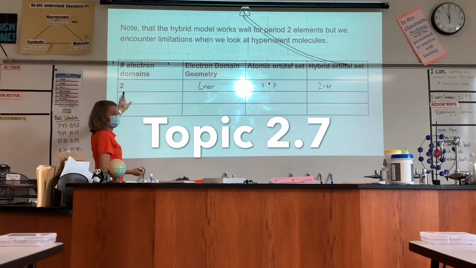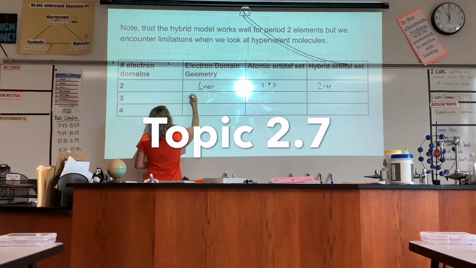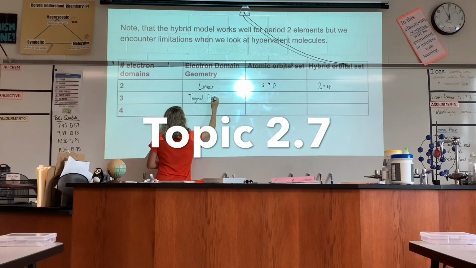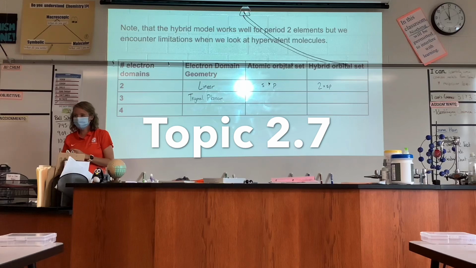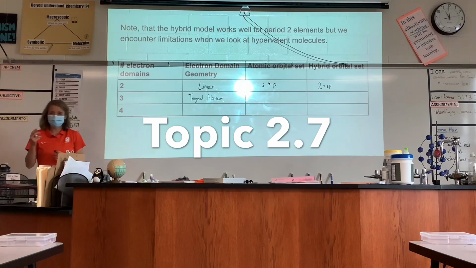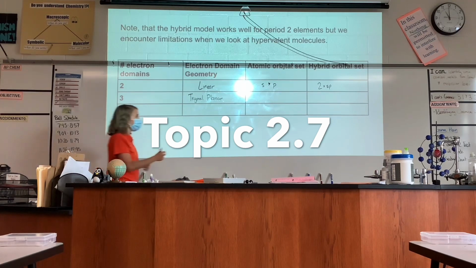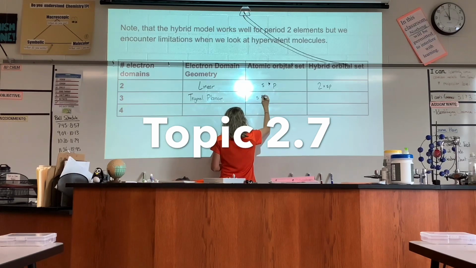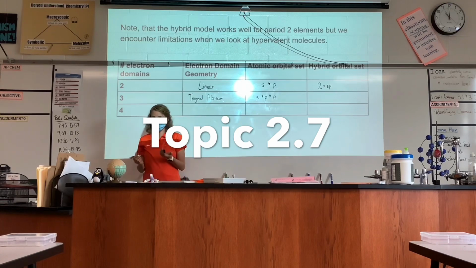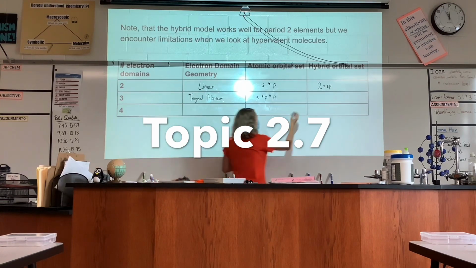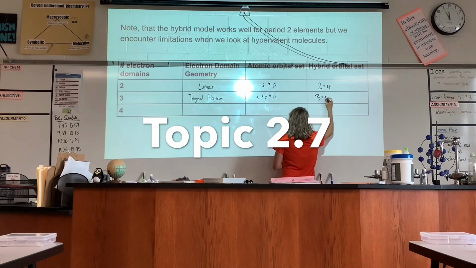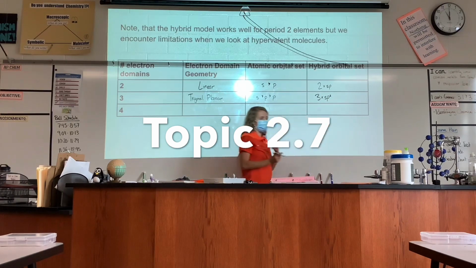If something has 3 domains, that's our trigonal planar. Now, 3 domains means 3 orbitals, so it's an s, p, and another p. So when they hybridize, we end up with 3 sp2 orbitals.